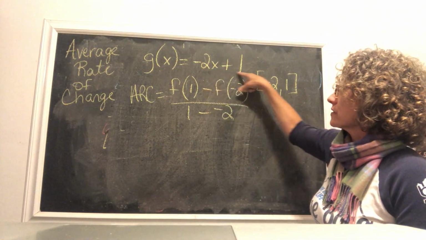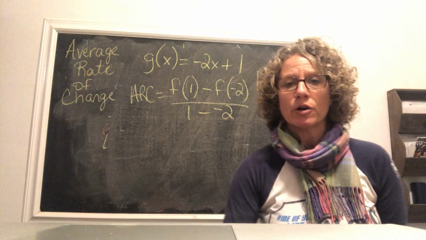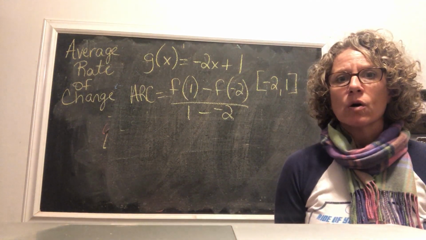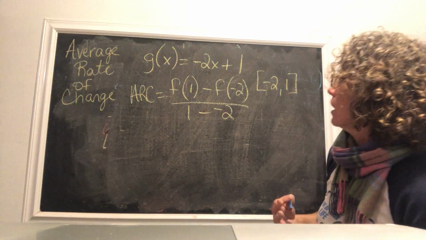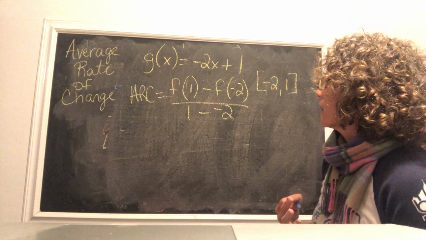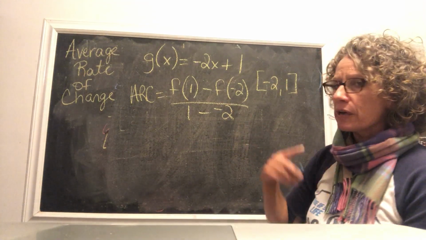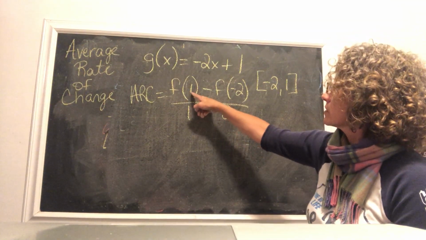Now, knowing that this is a linear function, you should already know what the answer is. So think to yourself, how would I know? What clue do I have, given that it's linear? And what do I know about the equation of a linear function? So keep that in the back of your head as we're calculating this.